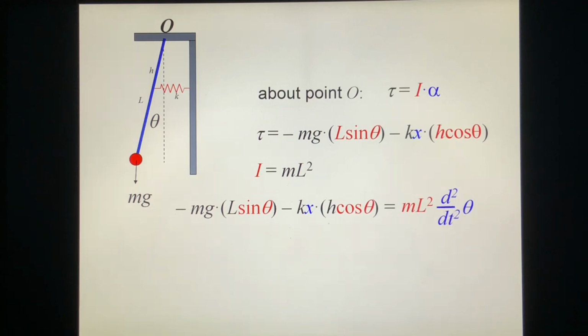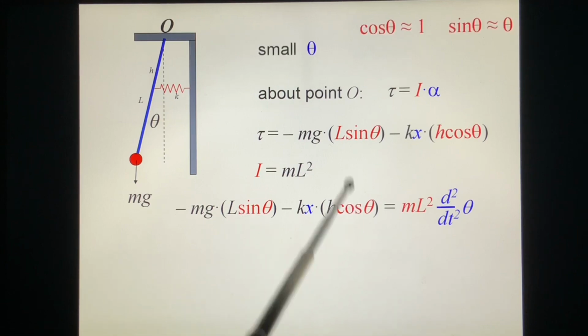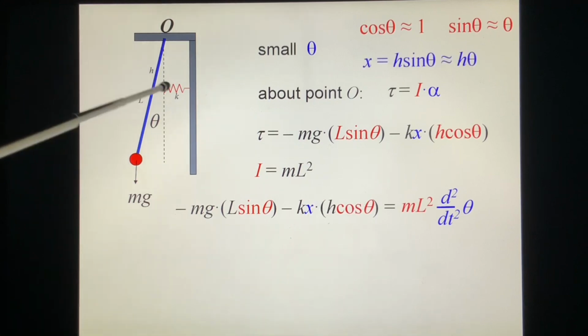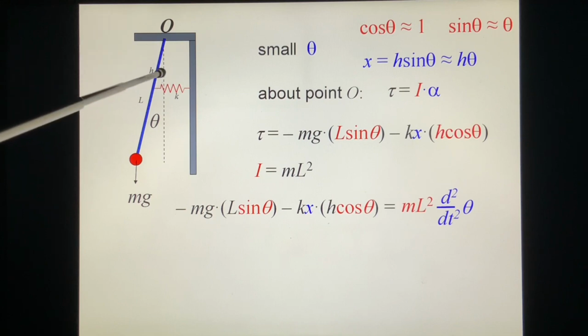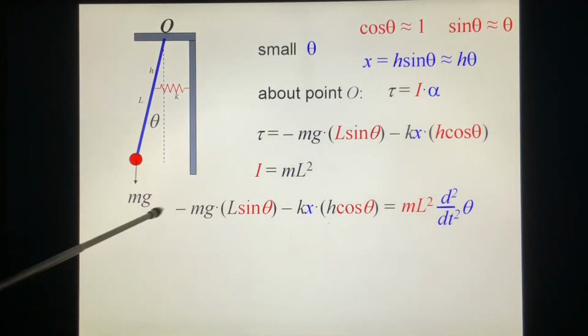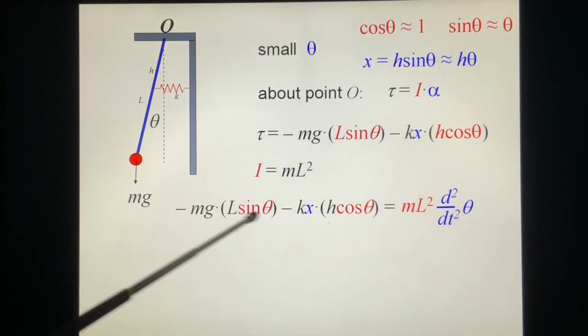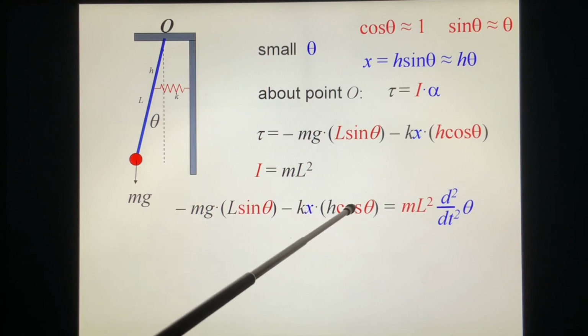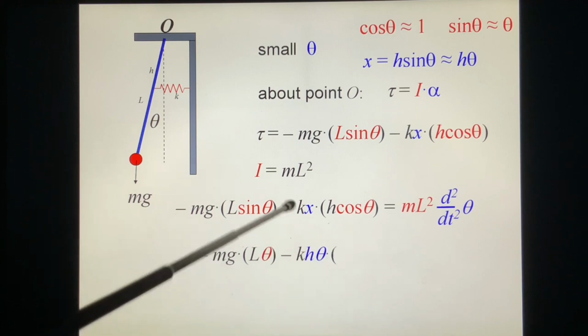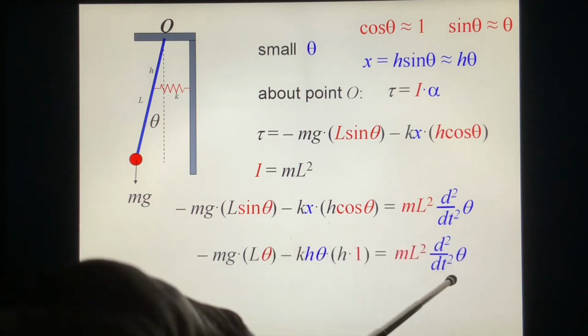When theta is very small, sine theta is approximately theta, and cosine theta is approximately 1. And x is h sine theta, which is h theta. So we put these three into this equation.